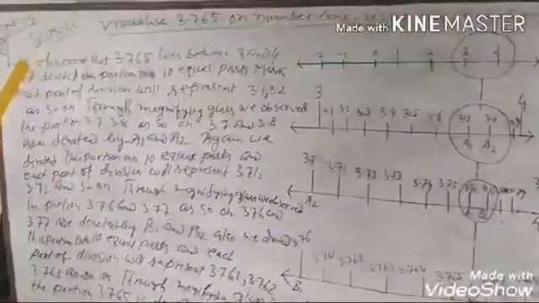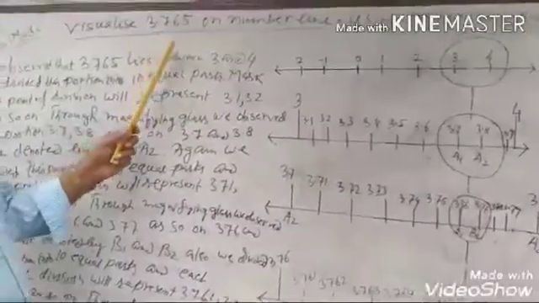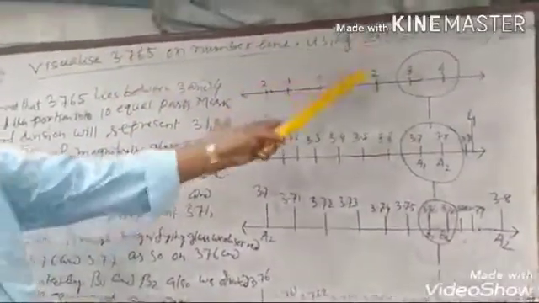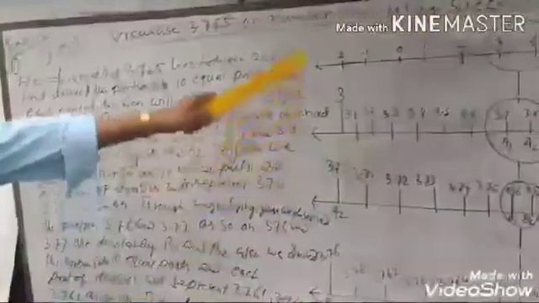Now let's start exercise 1.1, question number 1. I am going to visualize 3.765 on the number line using successive magnification. There are 4 figures.